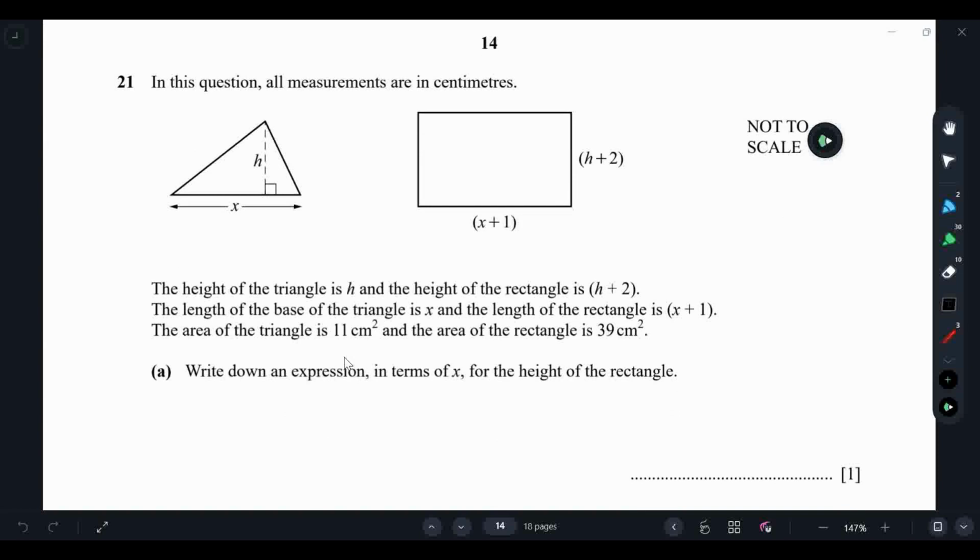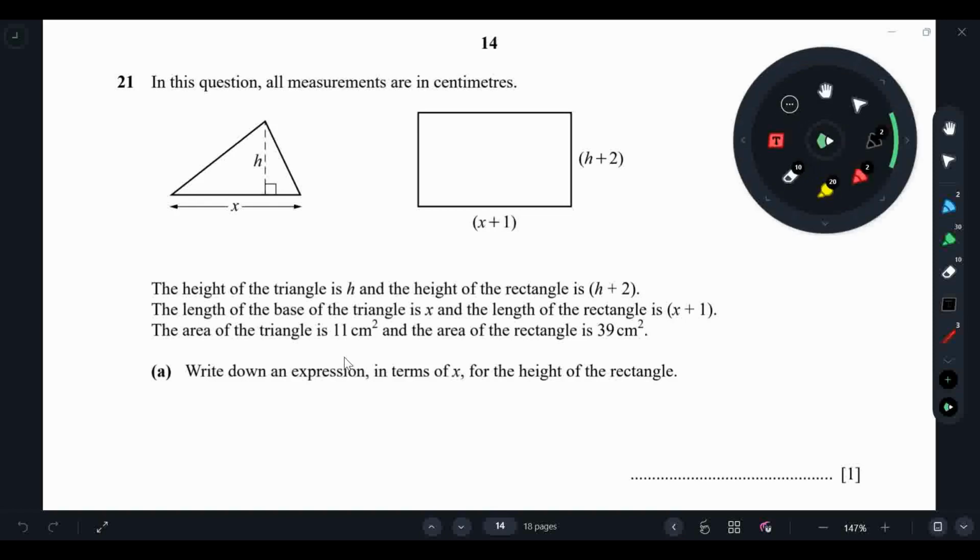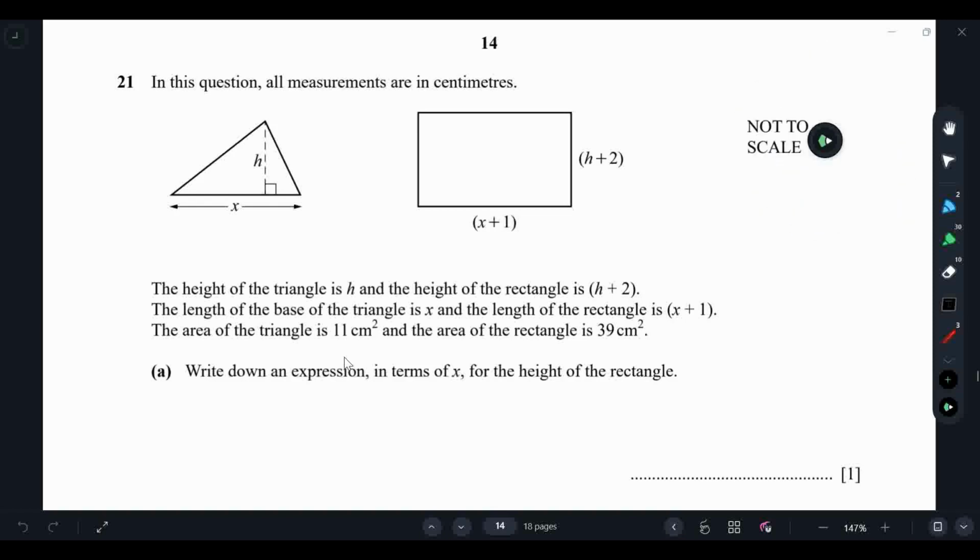Now in question number 21, write down an expression in terms of x for the height of the rectangle. Area is given to us. So area will be equal to length multiplied by width, and area is 39.